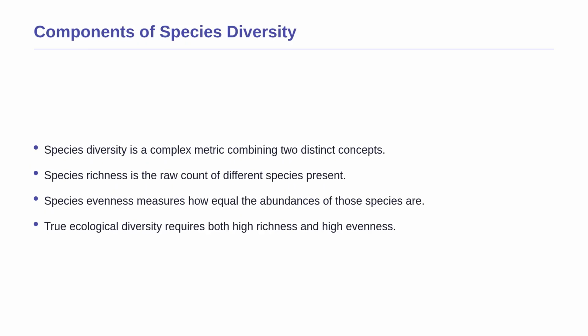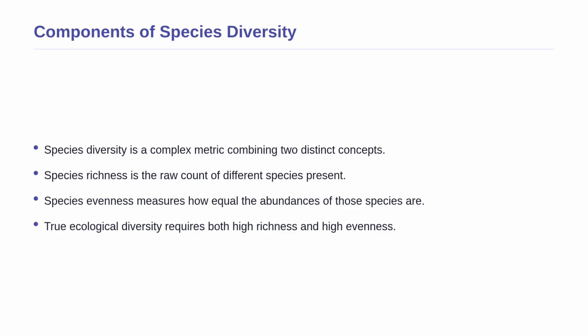Building on the idea of abundance, we arrive at the concept of species diversity. Species diversity is a more complex metric because it actually combines two distinct ideas into one. The first part is species richness, which is simply the raw count of how many different species exist in the community. For example, Forest B had 4 different tree species, so its richness is 4.